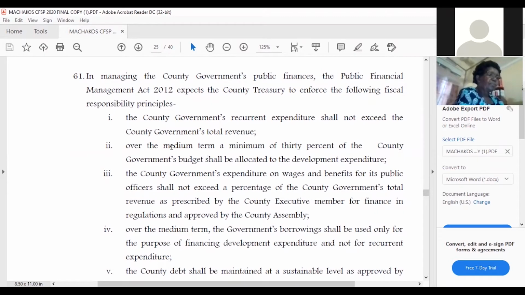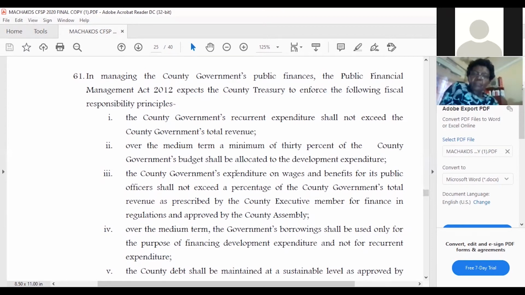Secondly, over the medium term, a minimum of 30% of the government's budget shall be allocated to the development expenditure. So you can see here that if a county has like maybe 5 billion, 30% of which should be allocated to the development expenditure.